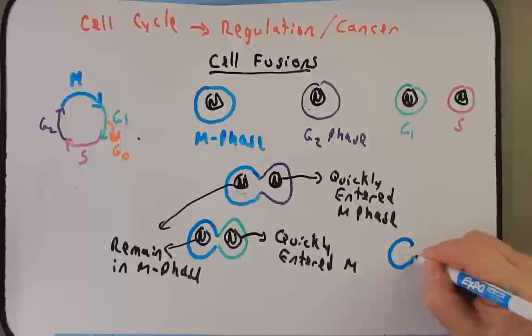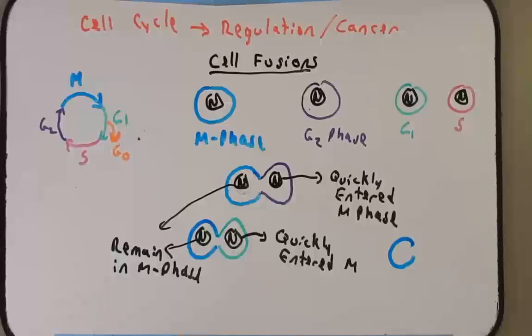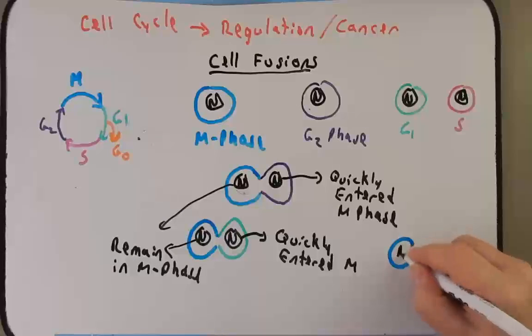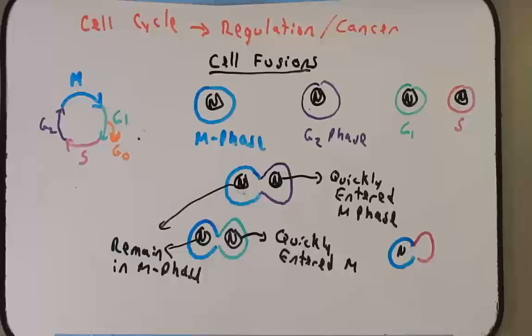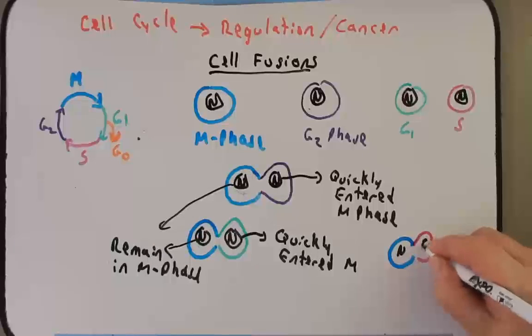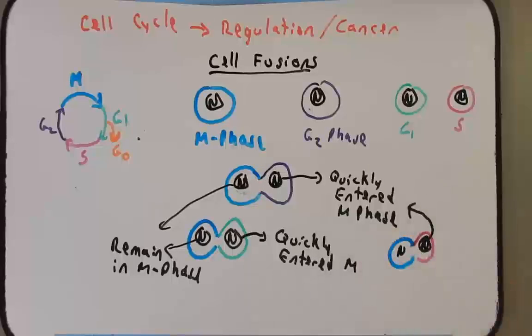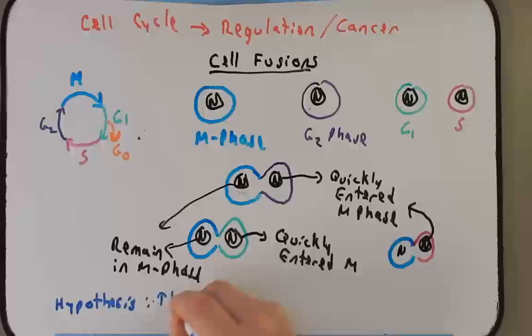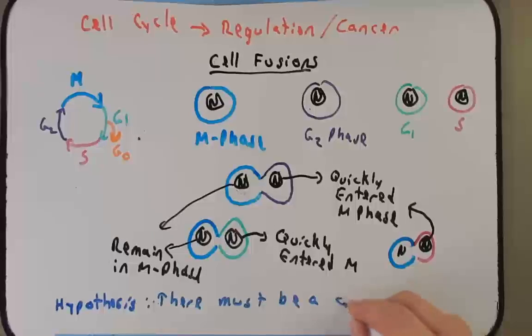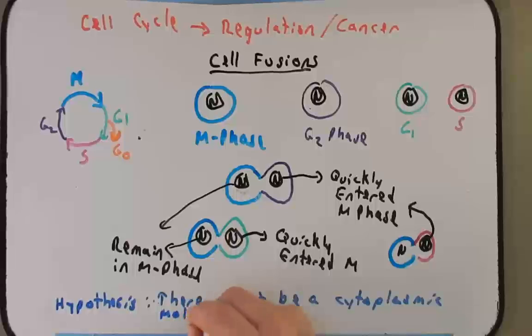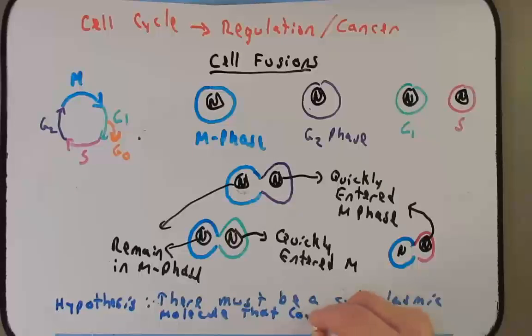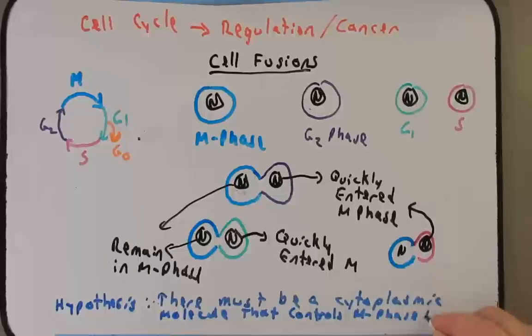When you take this M phase cell and fuse it with an S phase cell, the nucleus in the S phase, at this point, should not come as a surprise to you, also quickly entered M phase. And so their hypothesis was there must be a cytoplasmic molecule that controls M phase entry.